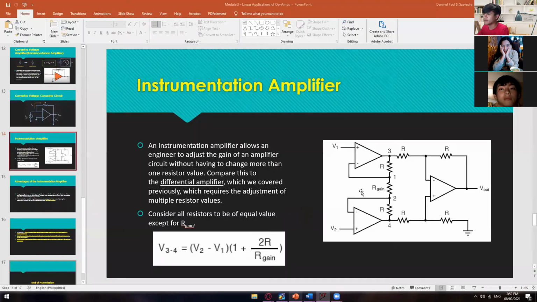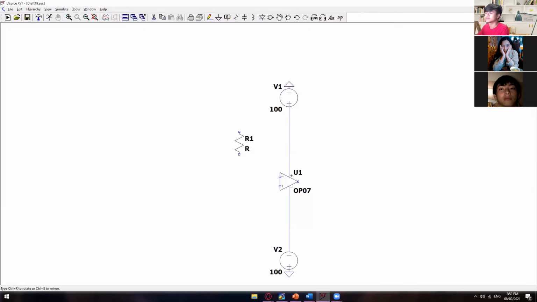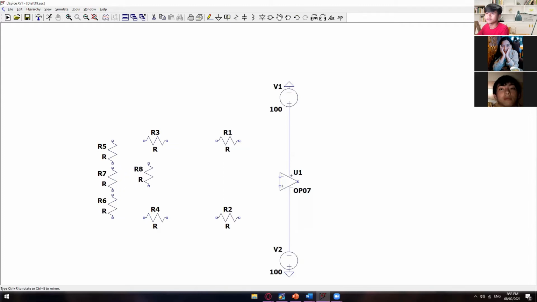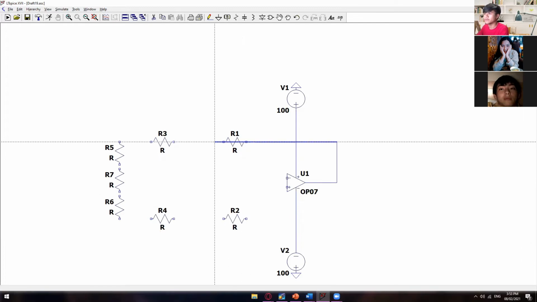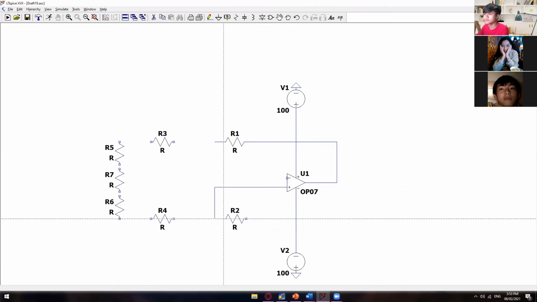And then we have here the two resistors, 2, 4, 6, and 7. This one is like our feedback resistance. Same with this one. This one is grounded.